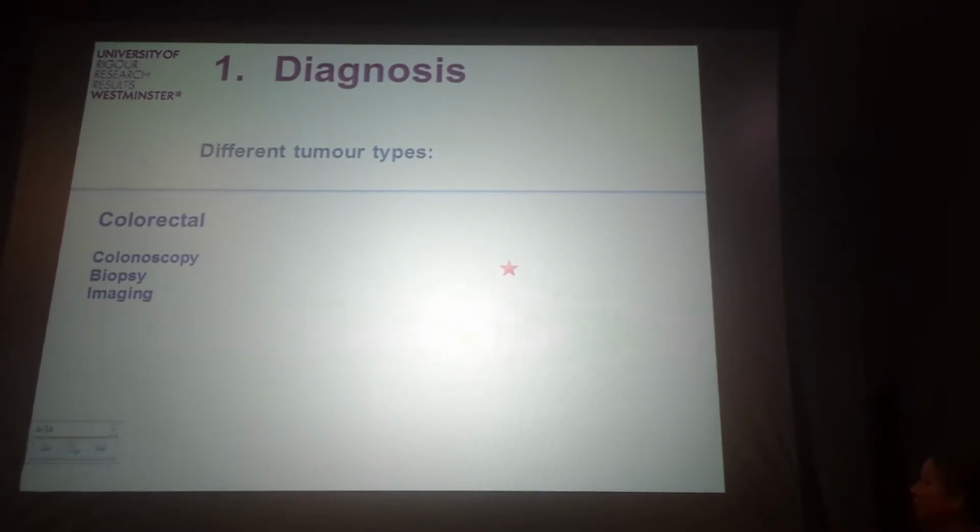So for colorectal cancer, you would have the colonoscopy, because you can't actually have palpation in the colon, not possible, unless it was at the anal end, really nearby. So it would be colonoscopy, followed by biopsy, followed by imaging. So you've got a triple assessment there, haven't you, again?